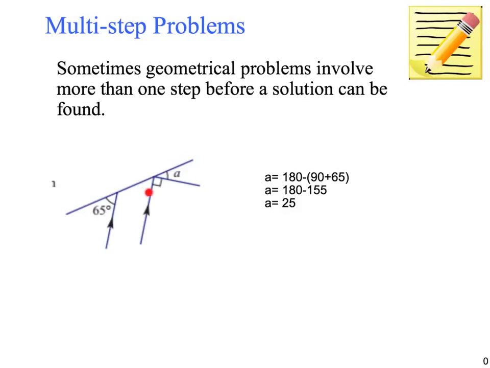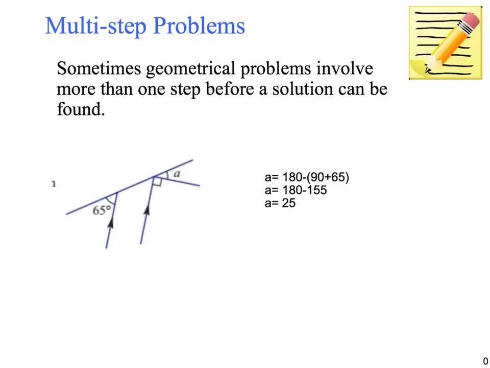And then we don't know what this angle is here either. So we need to find out what this angle equals before we can work out what A is. So we know that A will equal 90 plus whatever this angle is, minus 180, because we know that supplementary angles, which is on a straight line, equals 180 degrees.